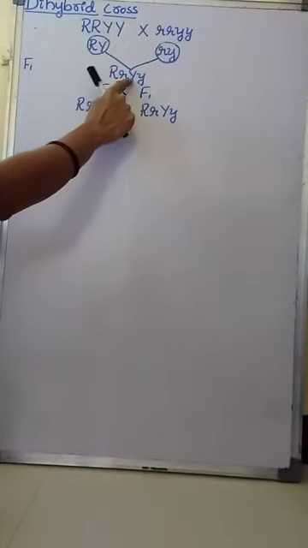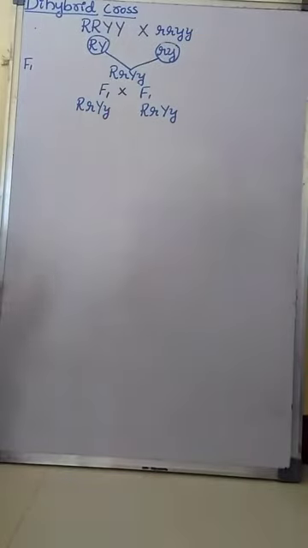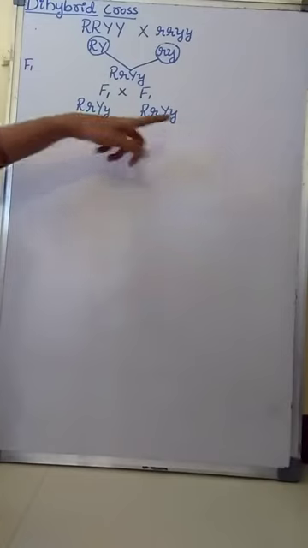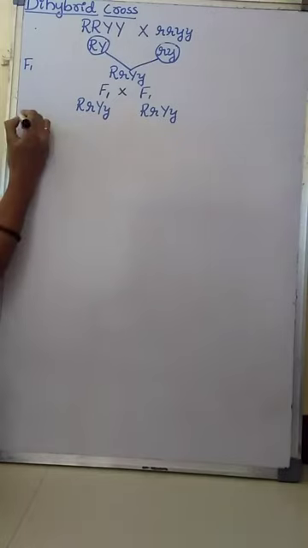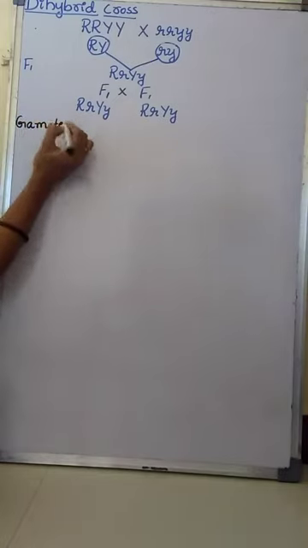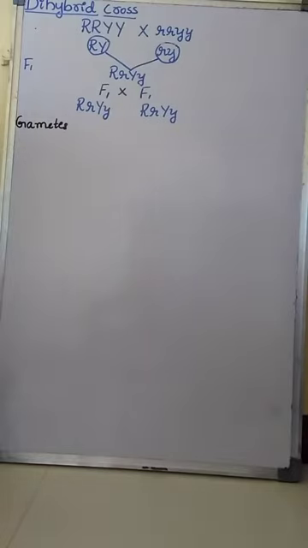See, this is the genotype of the F1 parent: capital R, small r, capital Y, small y, crossed with capital R, small r, capital Y, small y. Then production of gametes takes place. Next step is formation of gametes.